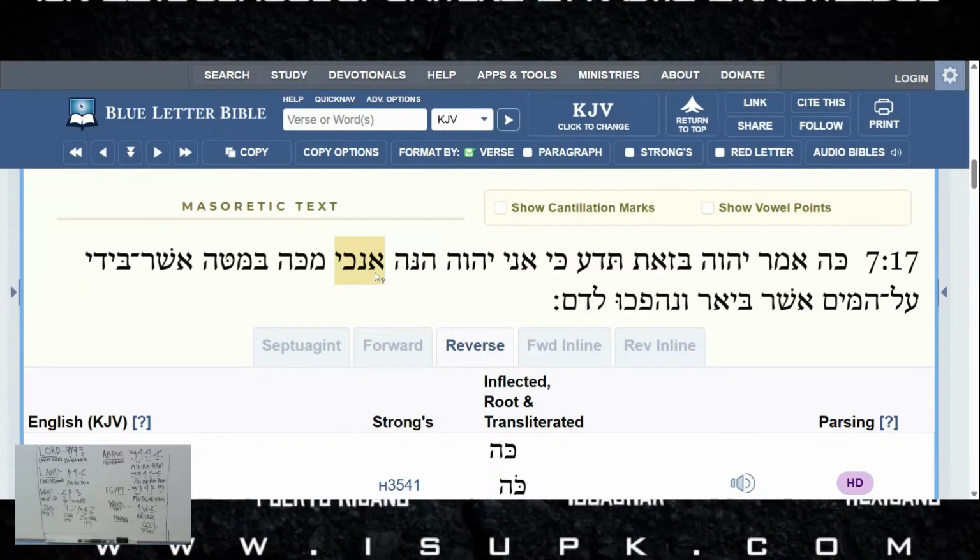Anya Slakia, Anakaya, Maka, Ba Mata'a, Ashar, Baya Daya, or could be saying Bayadia, right? I'll Hamayum, Ashar, Bayar, Wana Hapakwa, Wana Hapakwa, Ladum. Ladum.